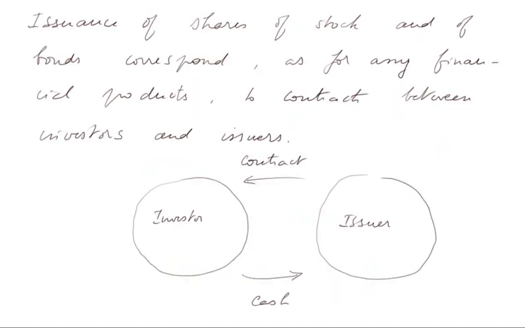The issuance of shares of stock and of bonds corresponds in both cases, as for any financial products, to contracts between investors and issuers. At the time of the purchase, the investor gives cash to the issuer, and the issuer gives a contract promising some payments to the investor.